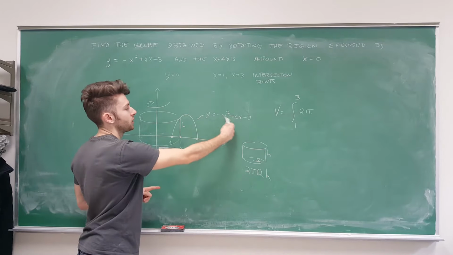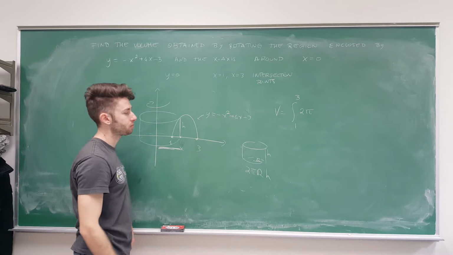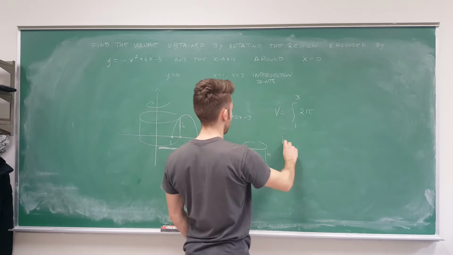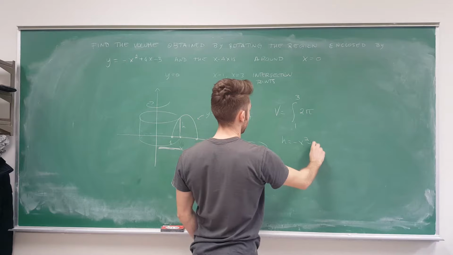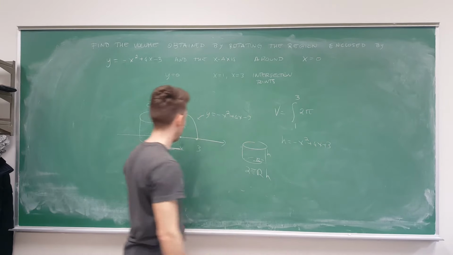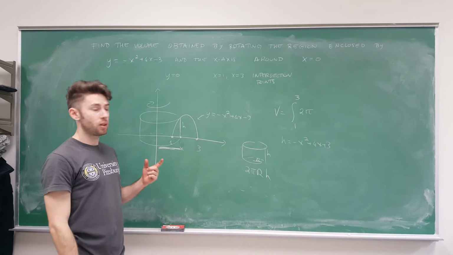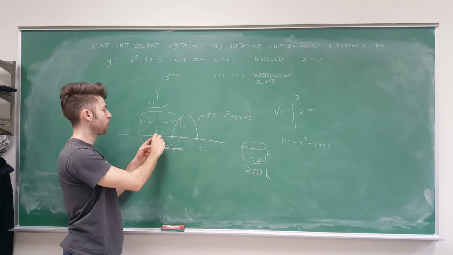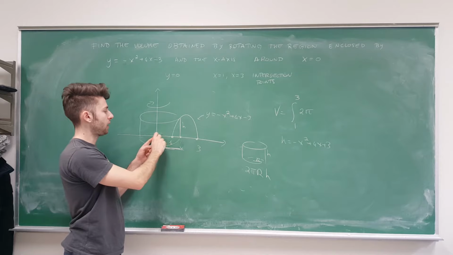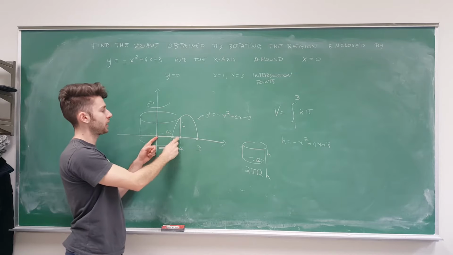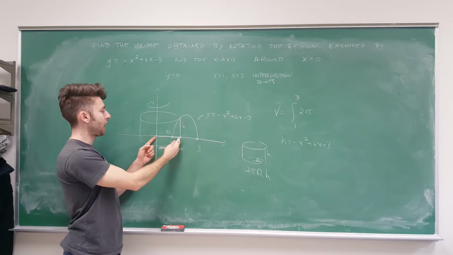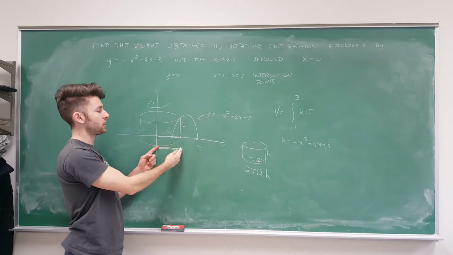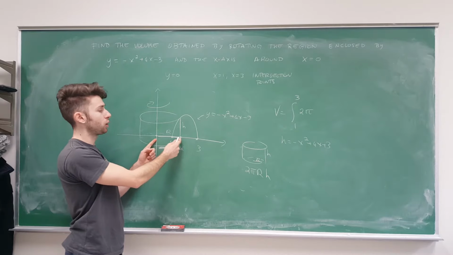So the height is simply given by this expression. And now what about the radius? Well, the radius is measured from the axis of rotation, so from here, and it's going up to here. That's the radius of my shell. And I'm saying that this is x because that's where I'm looking at. So the radius is just x.